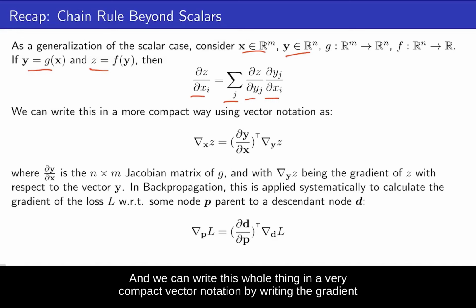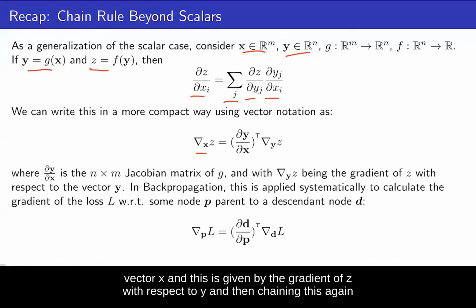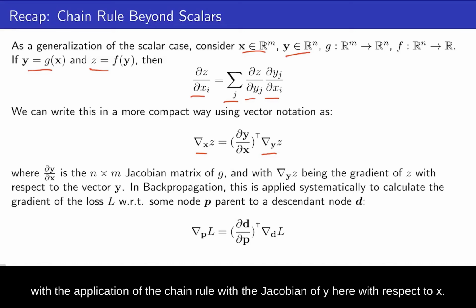And we can write this whole thing in a very compact vector notation by writing the gradient with respect to all of the x_i components at once in this way. So this is the gradient of z with respect to vector x, and this is given by the gradient of z with respect to y, and then chaining this again with the application of the chain rule with the Jacobian of y here with respect to x.